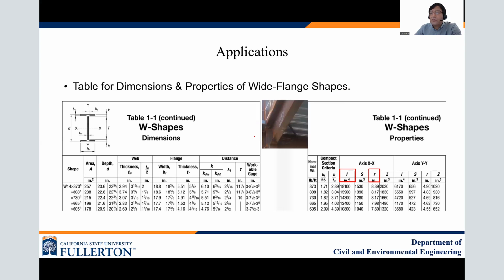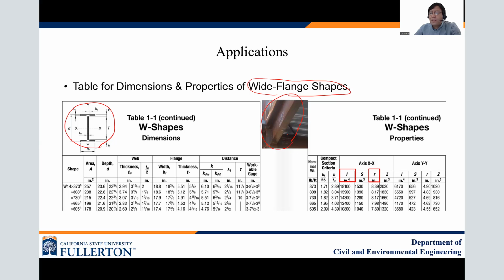This slide shows a sample table of dimensions and properties of wide flange shapes. The wide flange shape is popular for beam and column members, and the cross-sectional shape looks like this. I also put a picture of a wide flange shape actually used as a beam member.